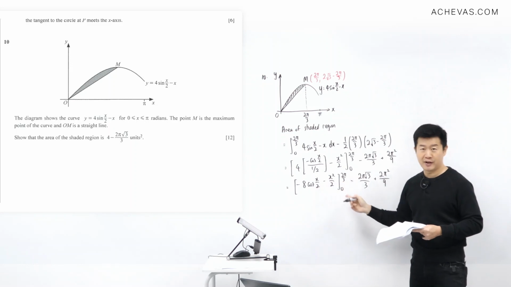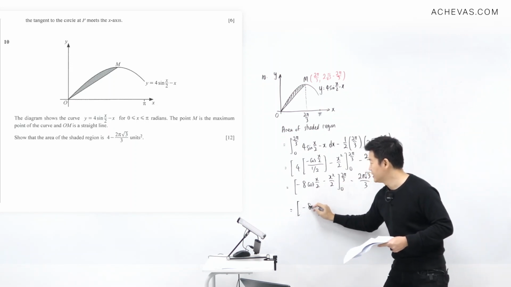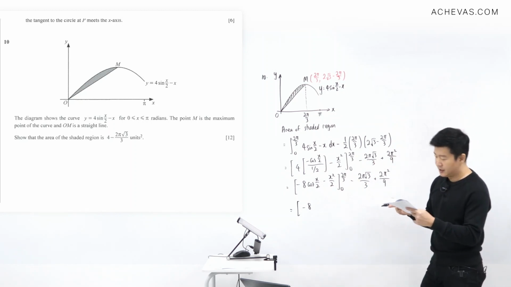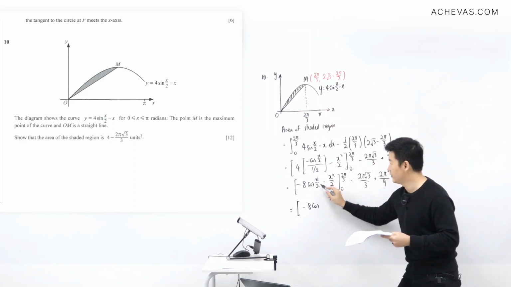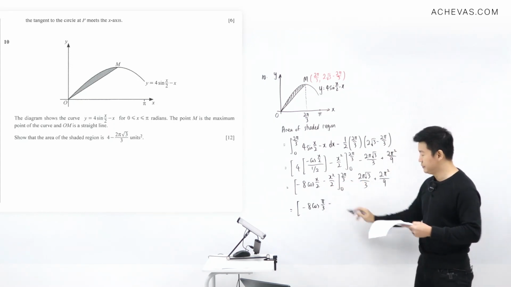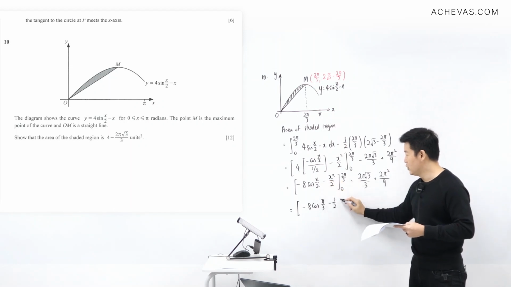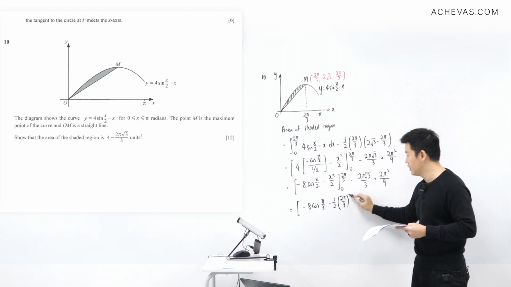I'm going to substitute the values in. So this is going to be equal to minus 8 cosine of this divided by 2, so cosine of π/3, minus away this, I'm going to substitute in. So it's going to be equal to minus 1/2 multiplied by x squared, which is going to be (2π/3) squared.